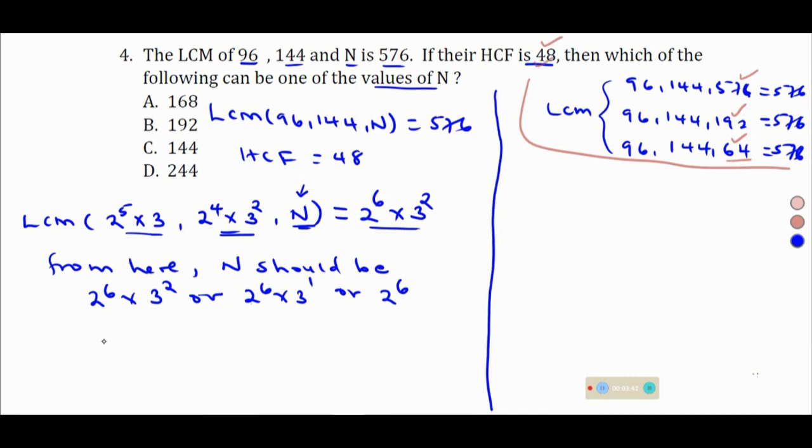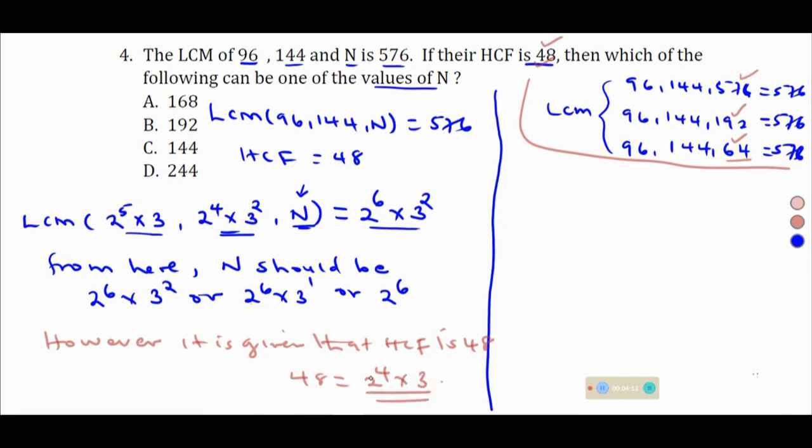Now for that case, that is where we shall be able to get the values of n. Now we can say, however, it is given that the highest common factor is 48, which we can express as 2 to power 4 times 3.